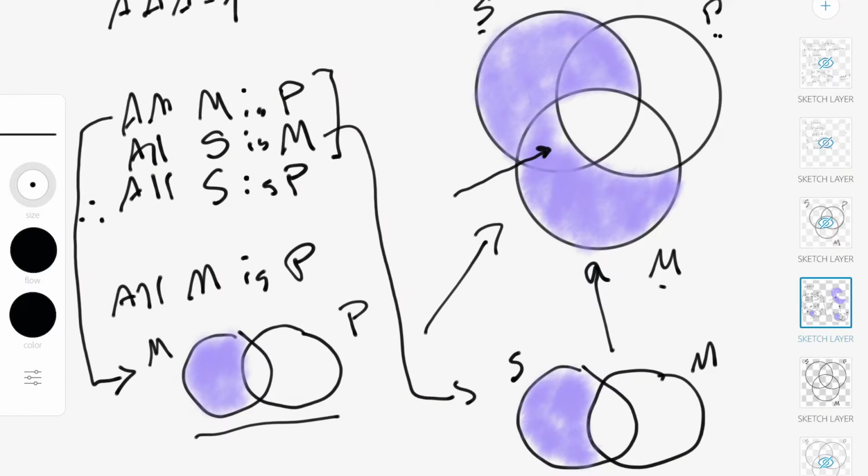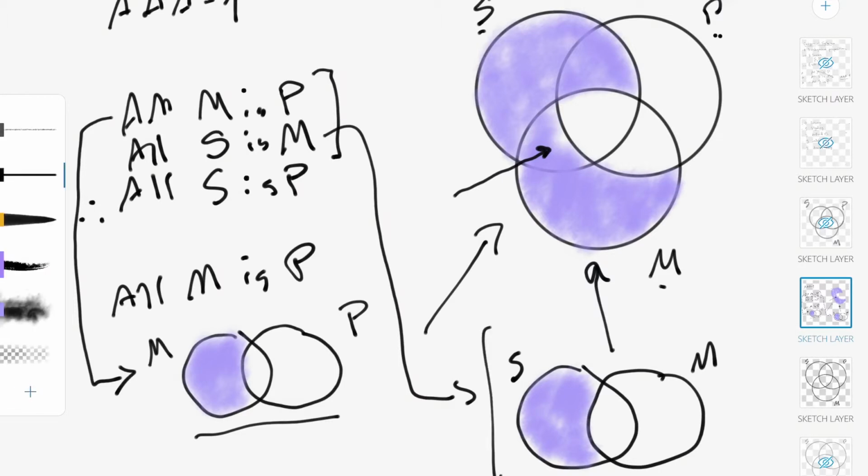So again, we're diagramming the information that we have explicitly stated in the minor premise, which is the relationship between S and M. All right, so now have a look at this diagram. We have the shading done for the major and the minor premises, so we shouldn't add any new information to this diagram that comes from the conclusion.